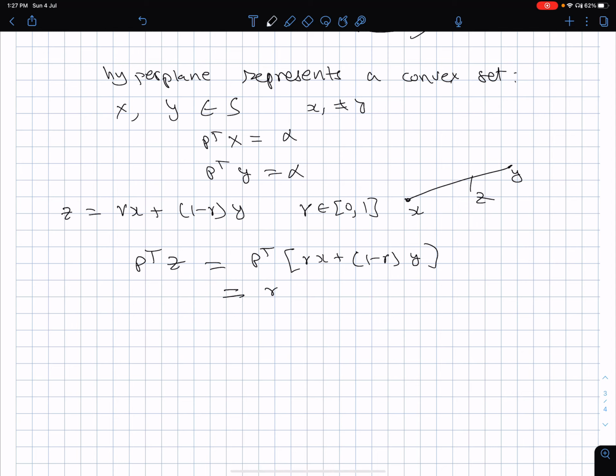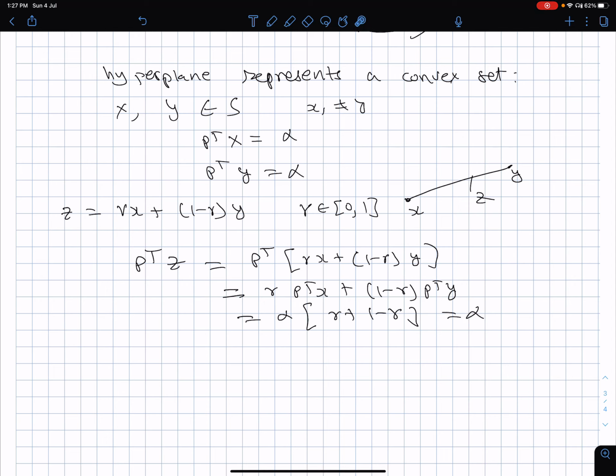So I will get this as gamma P transpose x plus 1 minus gamma P transpose y. But what is this? P transpose x is alpha, because x is a point on the hyperplane. What is P transpose y? Again alpha, because it is on the hyperplane. So if you take alpha common, this will become gamma plus 1 minus gamma, which is equal to alpha.